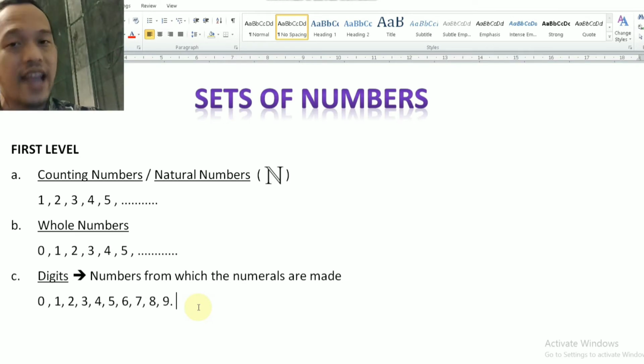So 10 and 11 are not digits. They consist of two digits. For example, 13 consists of two digits, which are 1 and 3. So please be careful. Digits only consist of 10 members.